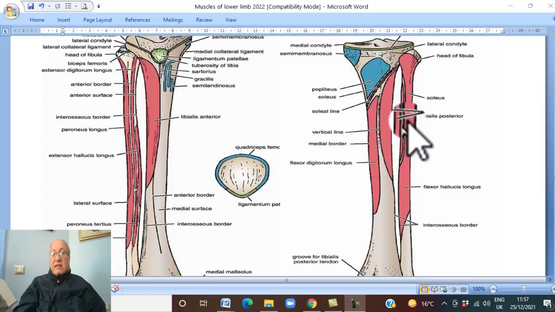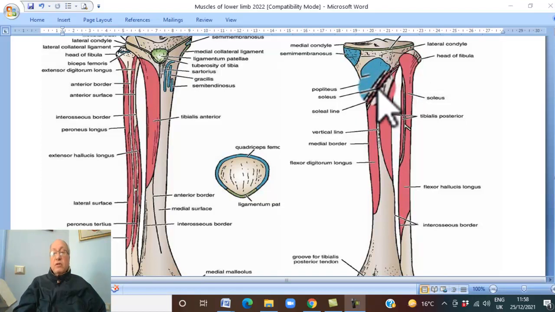Therefore, its origin is from an extensive area like an inverted U or horseshoe, from the posterior surface of the upper third of shaft of fibula, posterior surface of the head of fibula, and the soleal line.